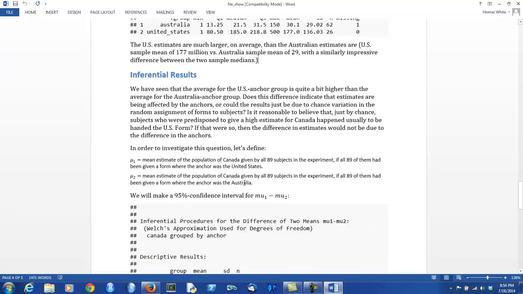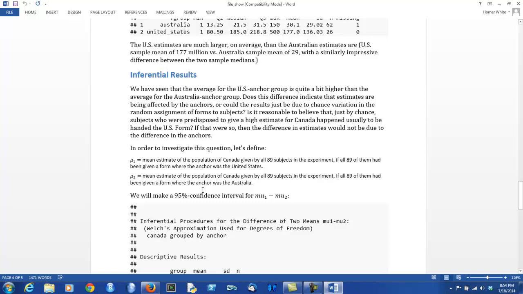So all of these results are just descriptive, but we can also look at the question inferentially. Does the difference that we observe in our two groups in our study indicate that anchoring is really causing the estimate that people give, or could the results just be due to chance in the way the data was collected?